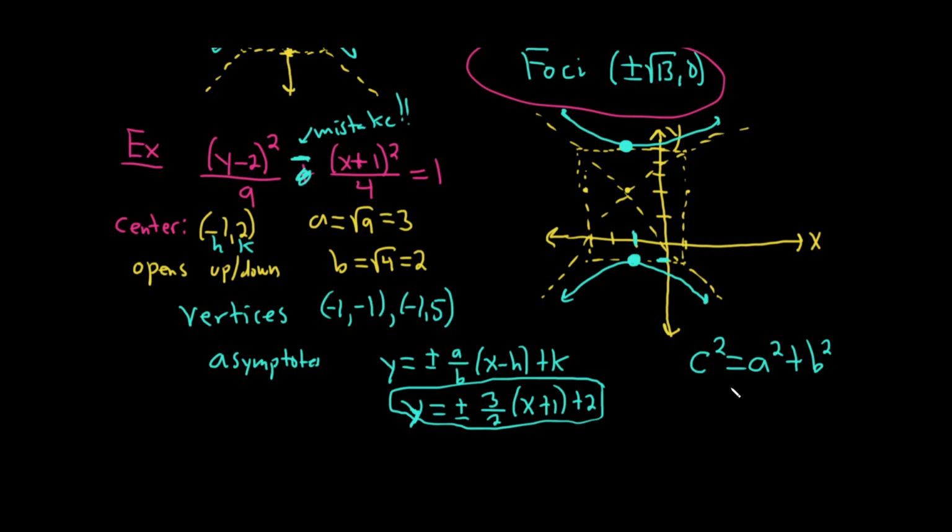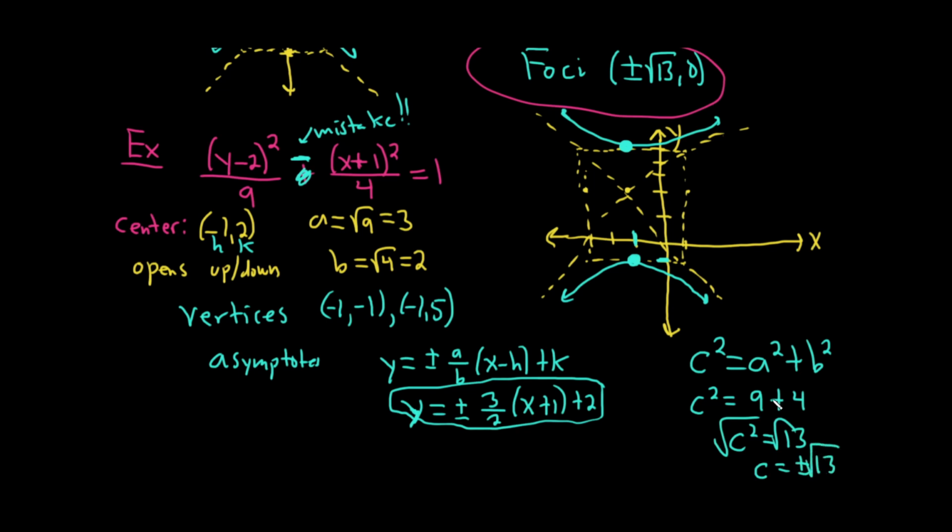Here, we will plug everything in. a is 3, so this is 9, plus b is 2, so this will be 4. 2 squared is 4, 3 squared is 9. So c squared is 13. Taking the square root, c is plus or minus the square root of 13.